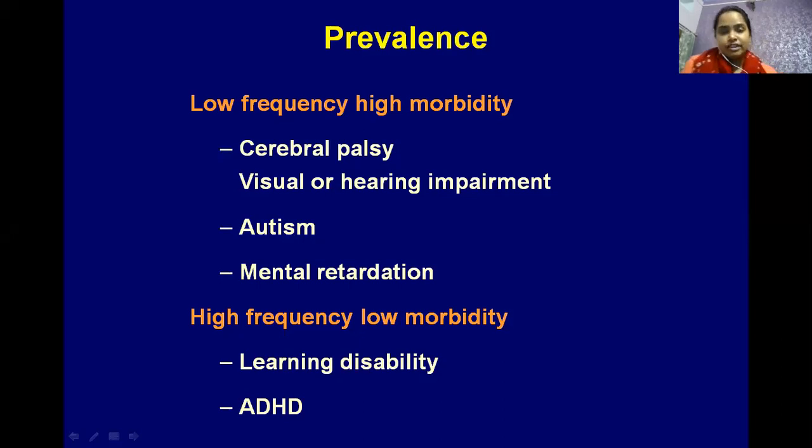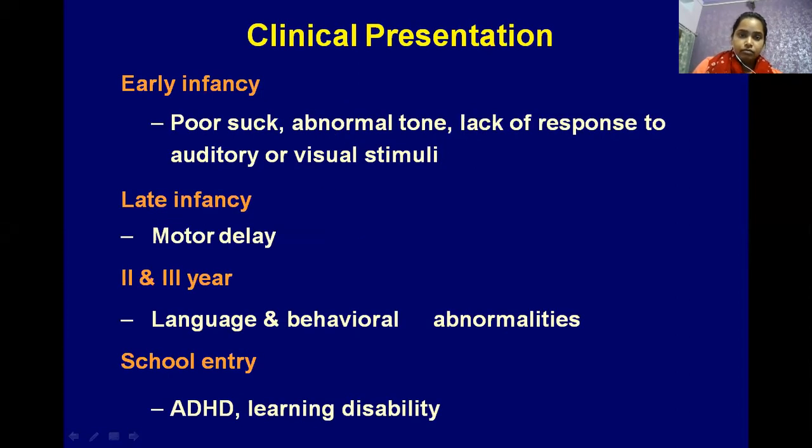So what is the prevalence? Prevalence is low frequency and high morbidity: cerebral palsy, visual and hearing impairment, autism and mental retardation. And high frequency, low morbidity is learning disability and ADHD. It is important.